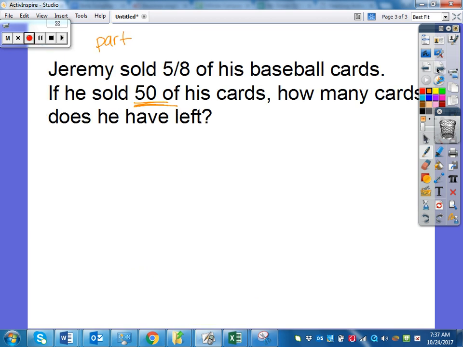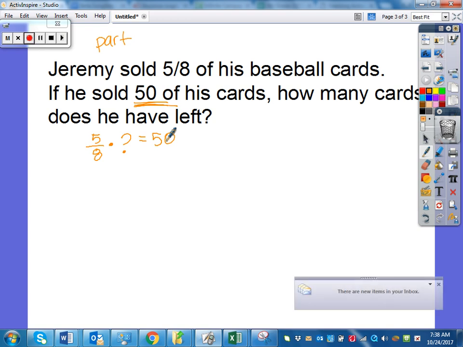But if you're given the part, you're not going to be able to multiply. You could have multiplied 5/8 times whatever number represents the total amount of baseball cards, and that should give you 50. We'll solve problems like that later on with algebra.